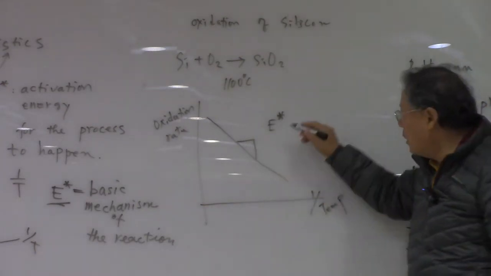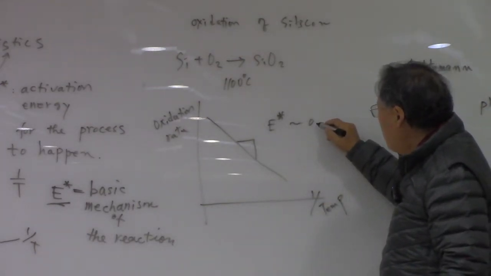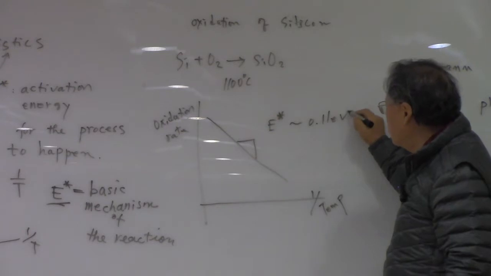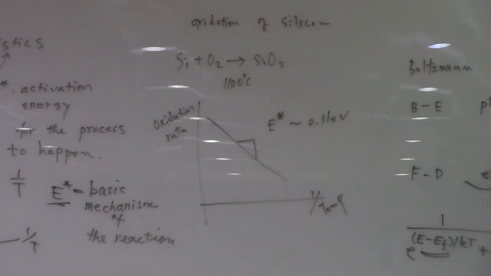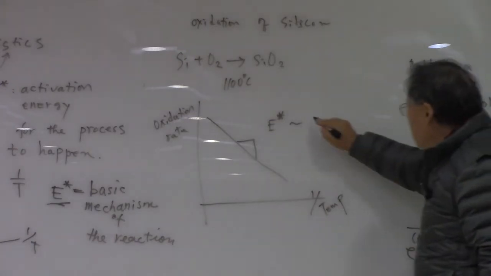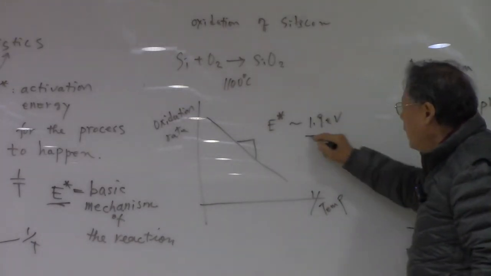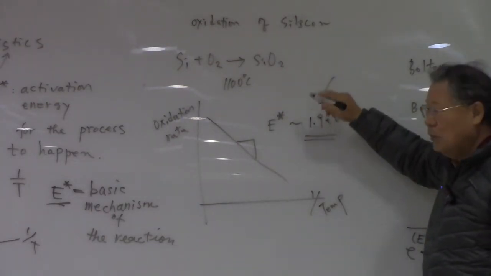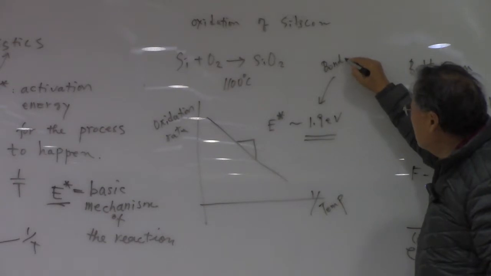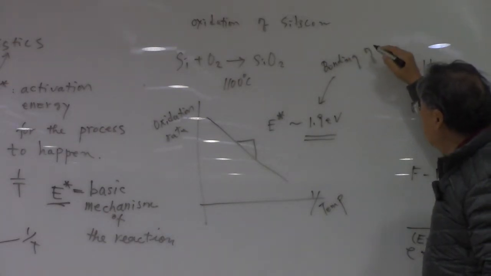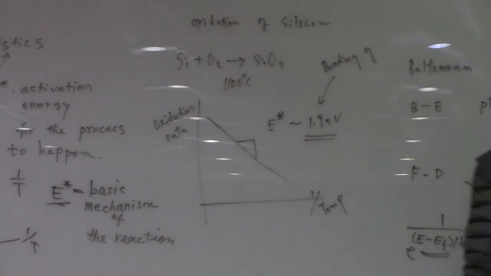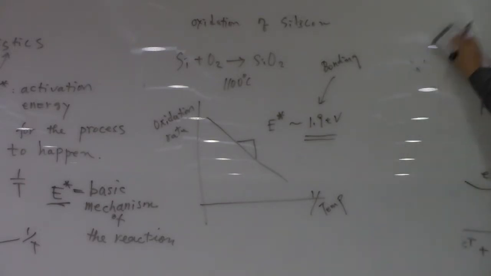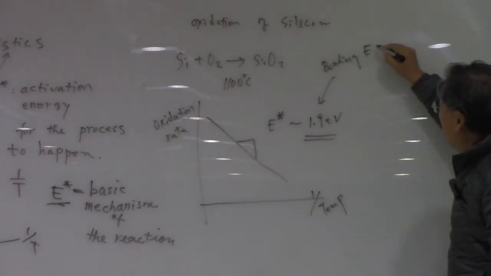That E star is about 1.9 electron volts, and this 1.9 electron volts is related to the bonding energy of silicon.